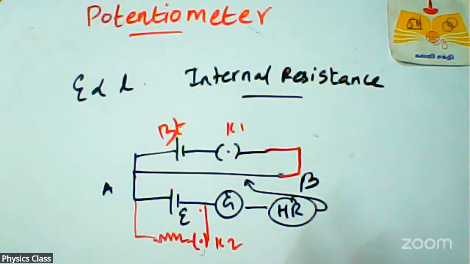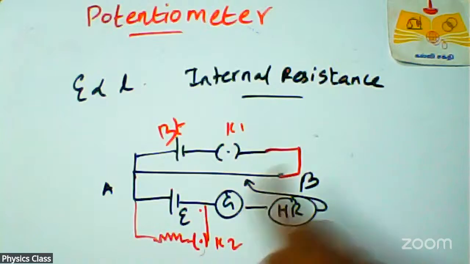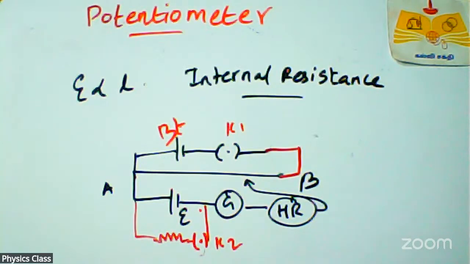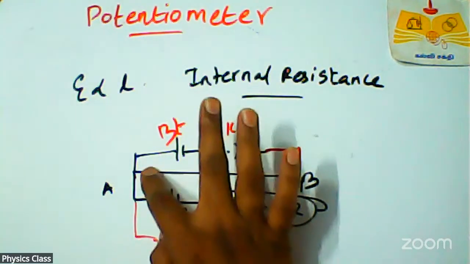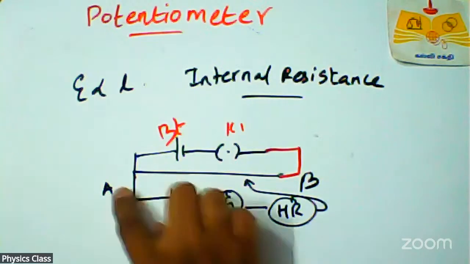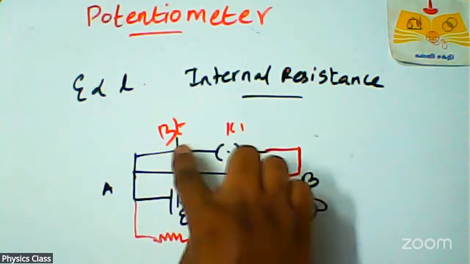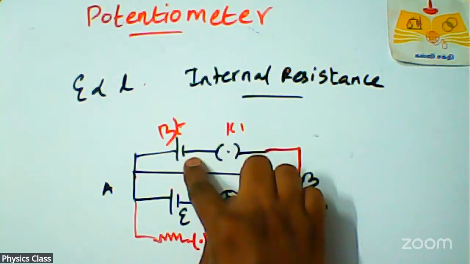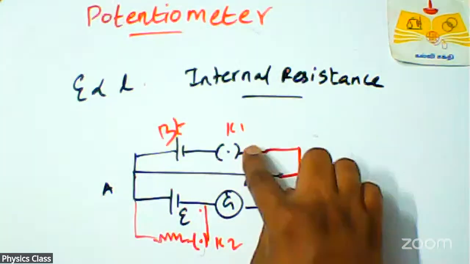To measure the internal resistance of the cell, the circuit connections are made as shown in the figure. Okay. Clear? The end A is connected to the positive terminal of the battery, and the negative terminal of the battery is connected to the key.